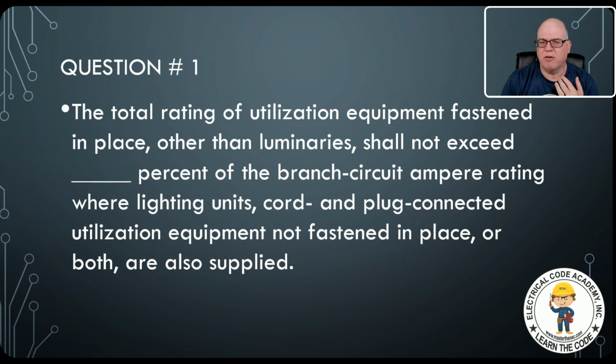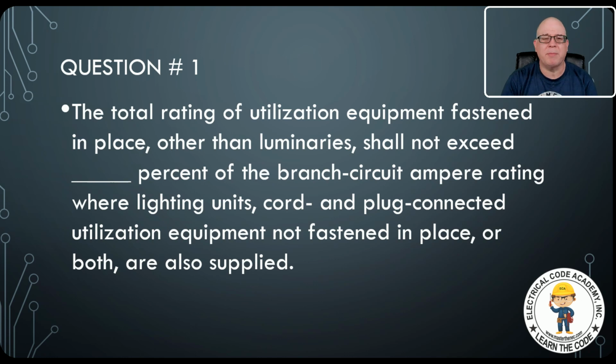But we also need to understand that branch circuits are perfectly allowed to have things like lighting and cord and plug connected utilization equipment that is not fastened in place on it. Right? Be very careful. Now, of course, the code does have certain things that require individual branch circuits that can only supply certain pieces of equipment, and you're going to look at the listing of the product itself in order to be able to determine that, or their instruction manuals.